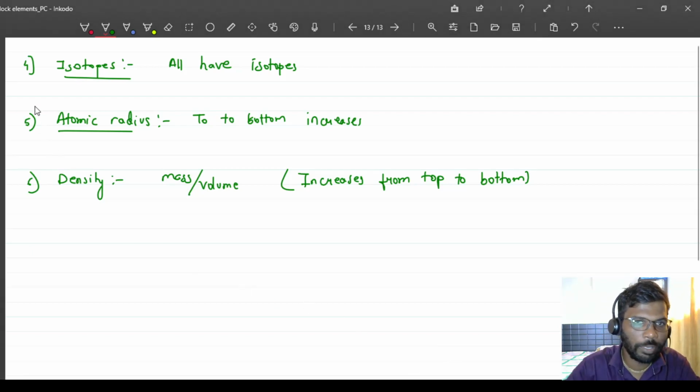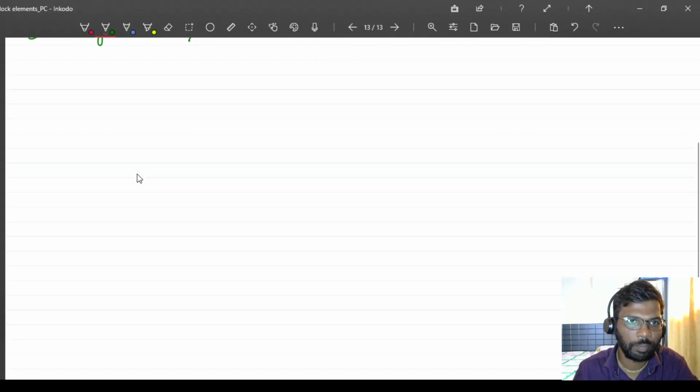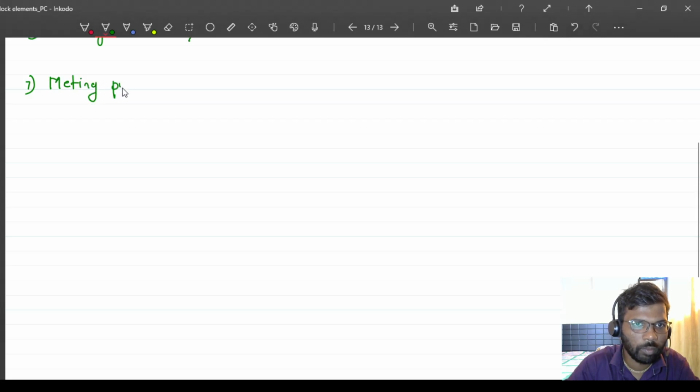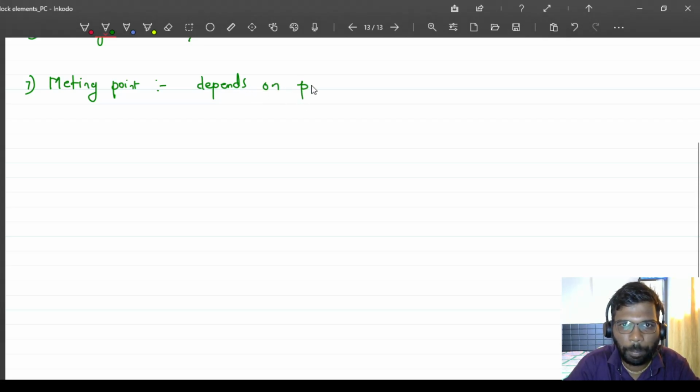Next, two important properties we will be discussing here are melting point and boiling point. Melting point. First I'll discuss the dependence; the trend let us learn later. This melting point depends on packing efficiency.